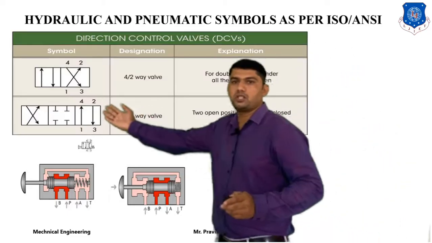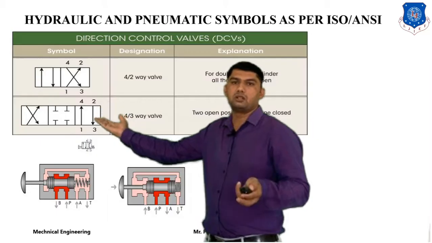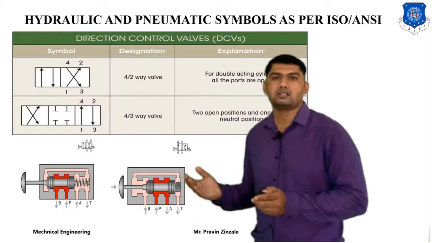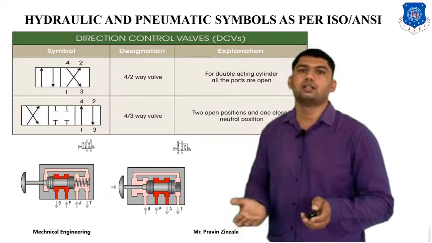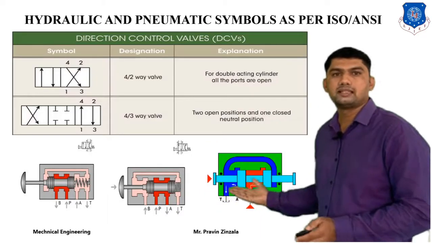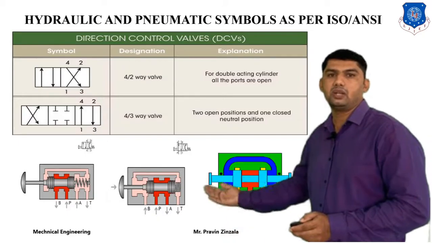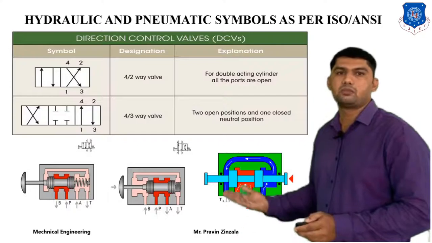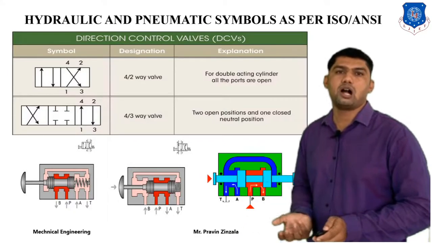In the first position, cross flow is possible. In the second position, the pump is in idle condition. In the third position, fluid passes continuously from the pump to the cylinder and from the cylinder to the reservoir. This is the diagram of the 4x3 direction control valve. In the first position, P is connected to A. In the second position, P is connected to B. In the third position, the pump works in idle condition, so there is no output.